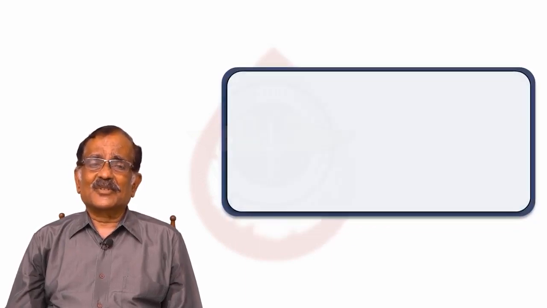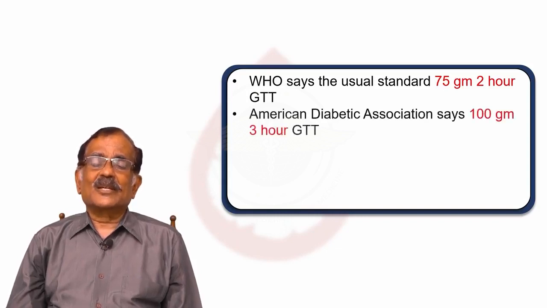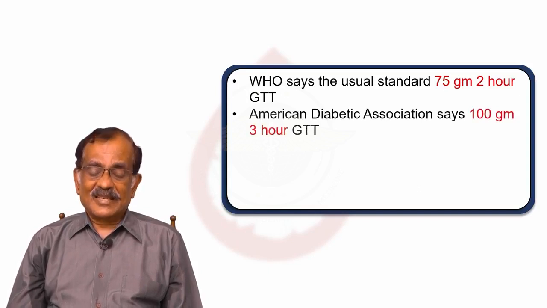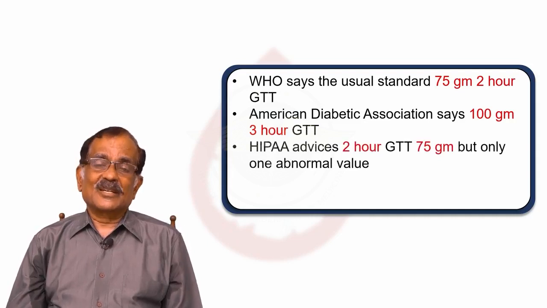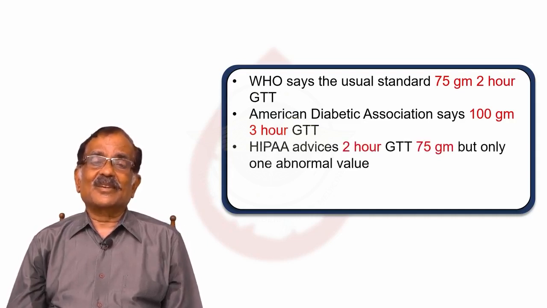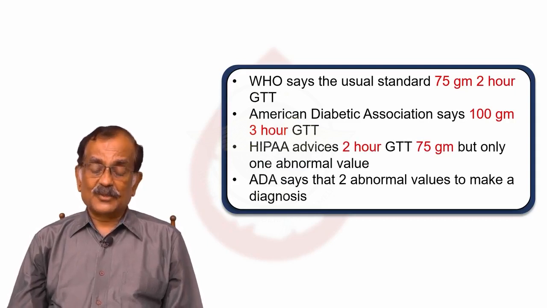There is a lot of confusion. WHO says the usual standard 75 gram 2 hour GTT, whereas American Diabetic Association says 100 gram 3 hour GTT. Then there is another association called HAPO which advises also 2 hour GTT with 75 gram but only 1 abnormal value, whereas ADA says 2 abnormal values to make a diagnosis.